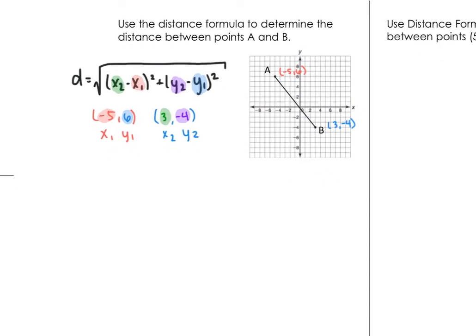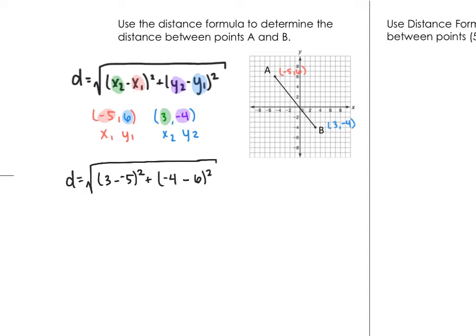So plugging directly into our formula, you end up with d equals the square root of (3 minus -5) squared plus (-4 minus 6) squared.